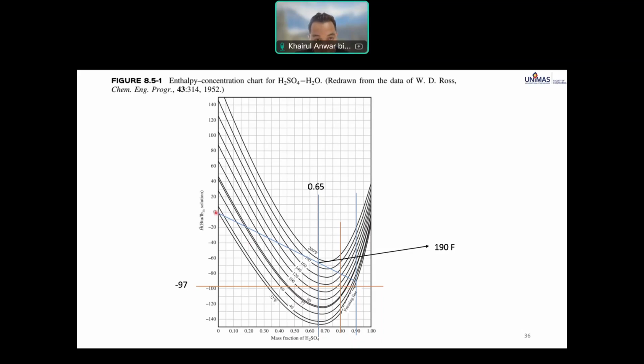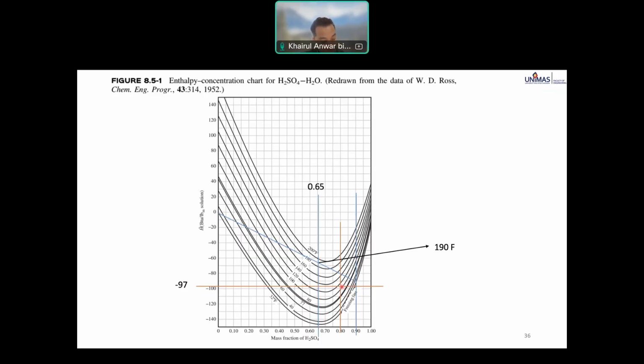Pure water here, 32 degrees Fahrenheit. The last one, this is the 77. Oh yes, I see. So the first question is the purple one. So enthalpy-wise, this is based on the reference state, negative 97.